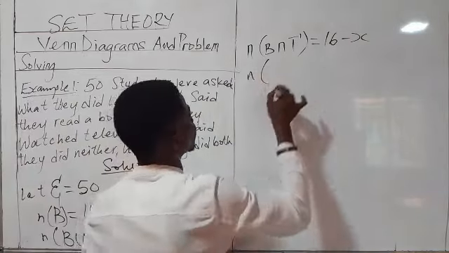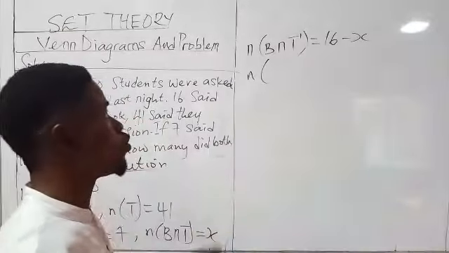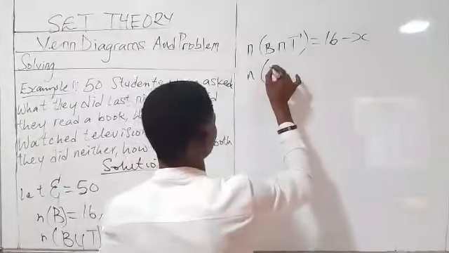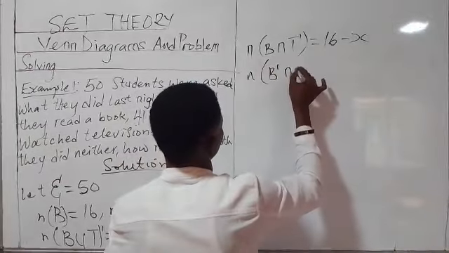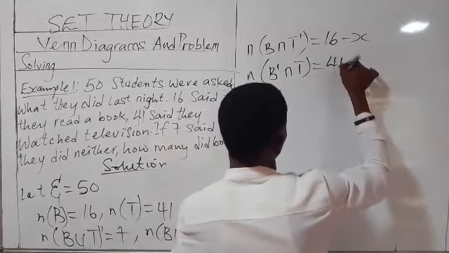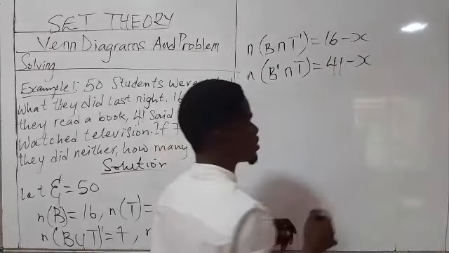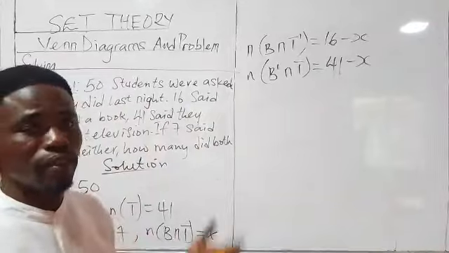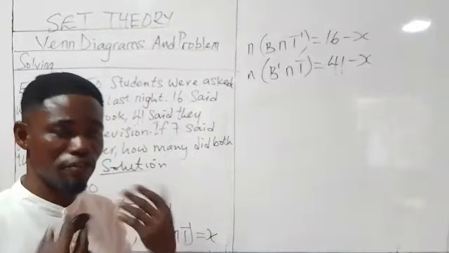Now, those who watch the television only is going to be B prime intersection T, which equals 41 minus X. That X is the number of the students who did both events.